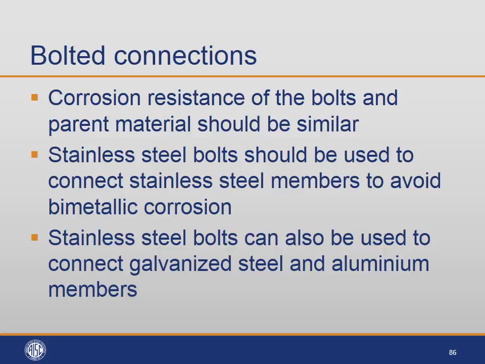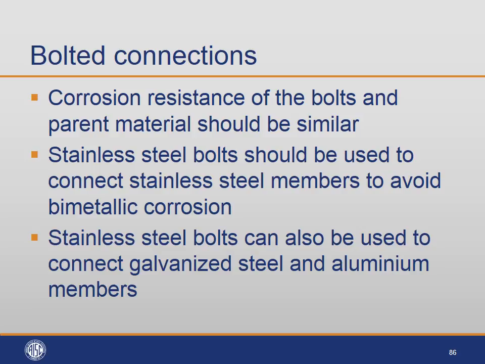Moving on to bolted connections, a couple of words before we look at the design rules. One point is that the corrosion resistance of the bolts and the parent metal should be similar. In fact, it's important that the bolt should be at least as corrosion resistant as the most corrosion resistant of the metals being combined.